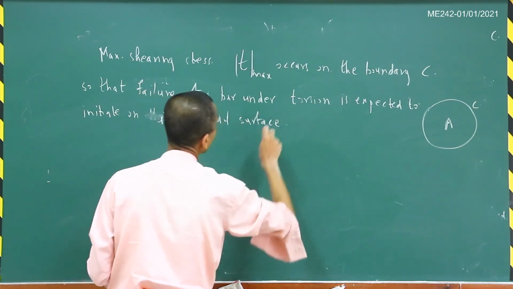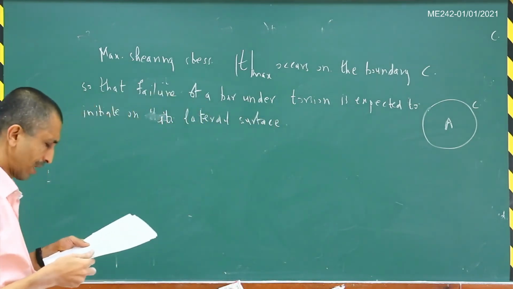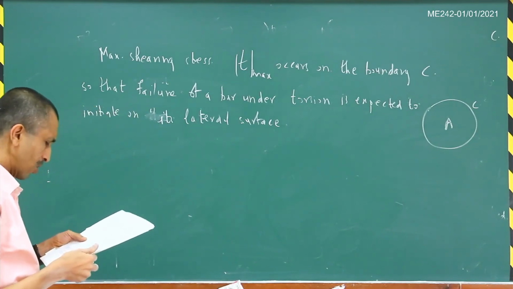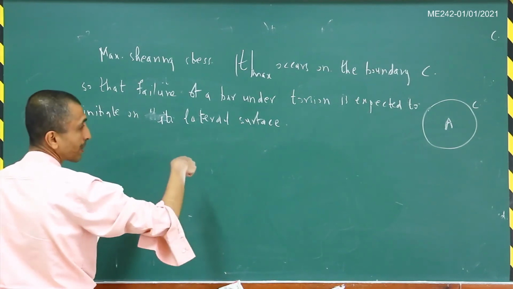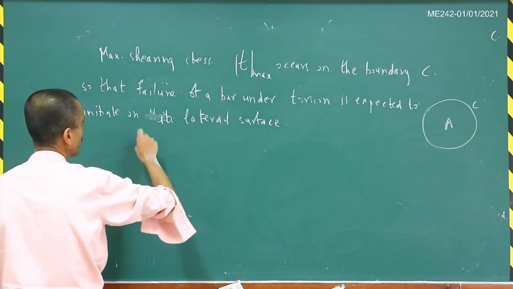So this is a very, very important result. So let us try to prove this. We need this particular result in order to show this particular result here.